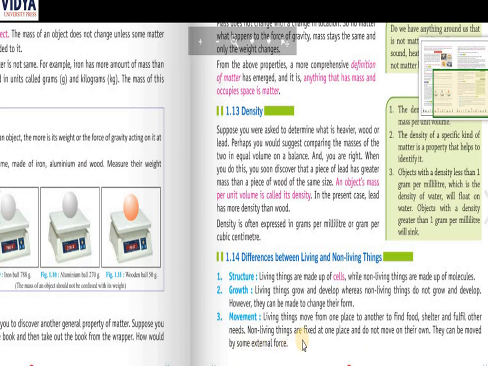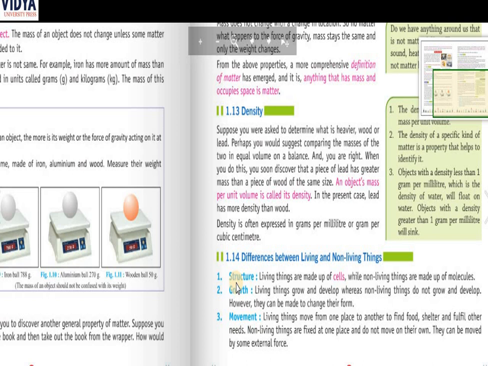So let's understand. First, structure. In all the living things, the basic unit of which the body is made is called cells.